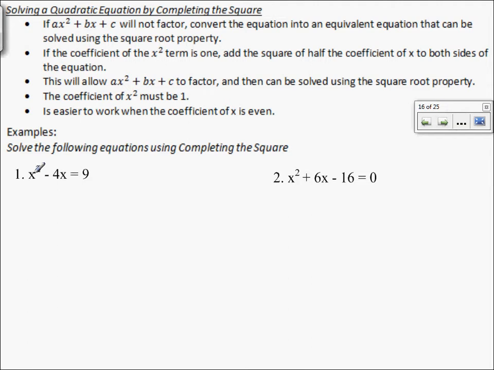If we look at number 1, x squared plus 4x equals 9. If we were to move 9 to the other side by subtracting it, you would note that you would not be able to factor because the factors of 9 will not combine to give you a negative 4 in any way you may try.